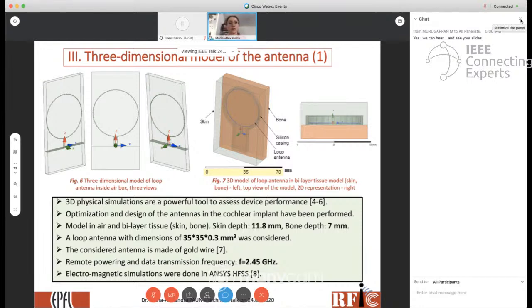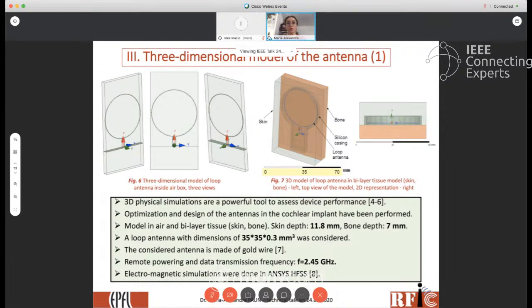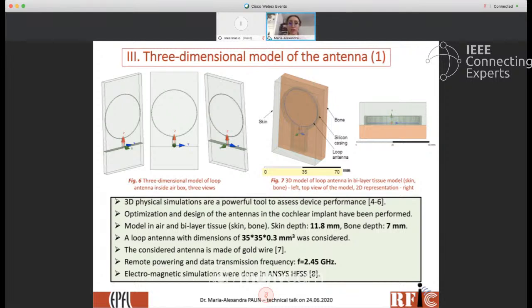Okay, further on, we had proceeded to doing the three-dimensional model of the antenna. So we have been looking into both the antenna in air. Here you can see it in the left-hand side. And we have also focused on addressing the antenna placed in a bilayer tissue model, both skin and bone.